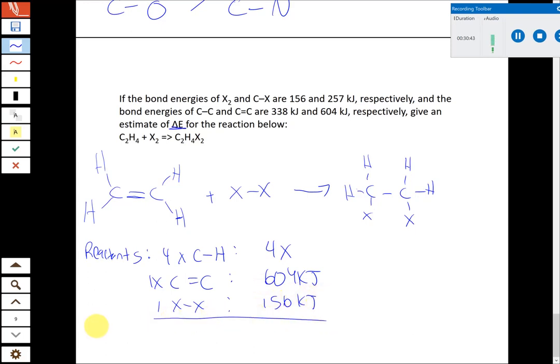So the sum of the bond energies for reactants is going to be 4x, where x is the bond energy of the CH bond that we don't know, plus 604 kilojoules plus 156. If we add those together, that's 760 kilojoules. So it's 4 times the CH bond energy, plus 760.